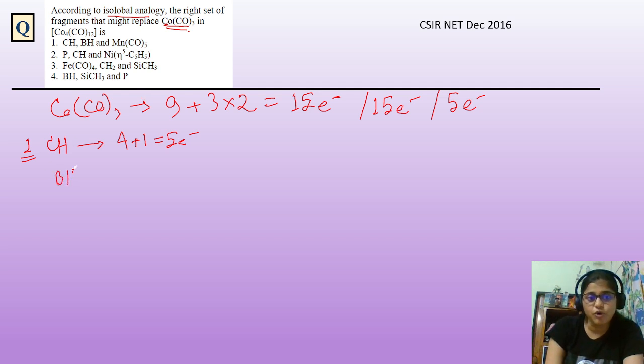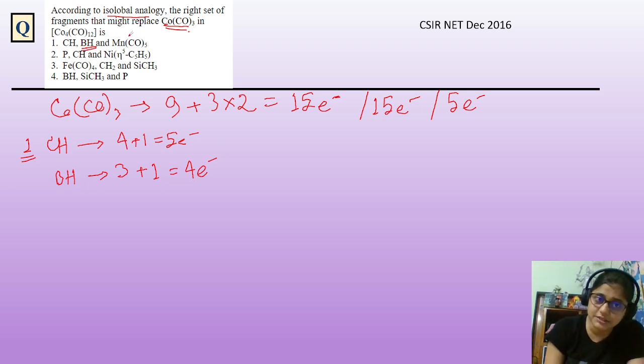BH: boron is group 13, so it is 3 and 1, which is 4. So BH is not matched. Even if the others matched, this will not be the correct option, because to be correct, all 3 parts should be isolobal with this. So it is not a correct option.